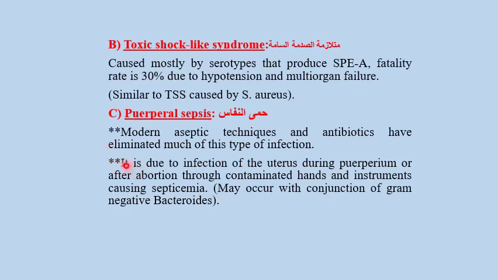It is due to the infection of the uterus during puerperium or after abortion بعد الإجهاض through contaminated hands and instruments causing septicemia. وفي برضو مهم يعني to notice that this puerperal sepsis مش بس caused by Streptococcus pyogenes, it also can be caused in conjunction with other gram-negative bacteroids.